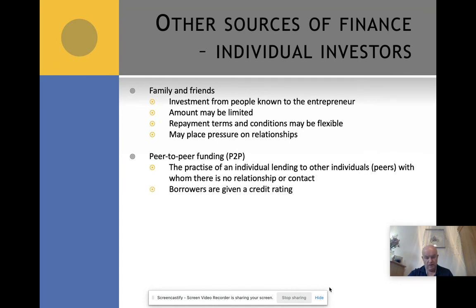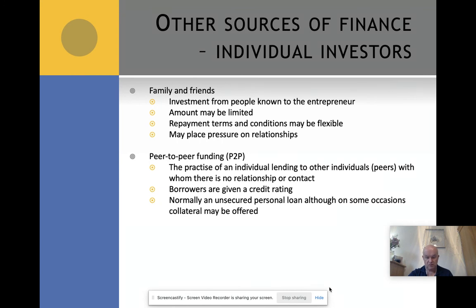In some cases, you might also find that borrowers will be given a credit rating in that scenario, and in most cases, that's going to be an unsecured personal loan. Although it tends to be a relatively small amount, generally speaking, there might be some collateral that may be offered.